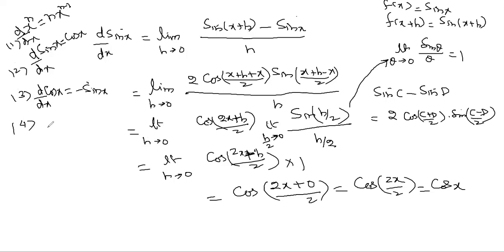Like this, all trigonometrical ratios have formulas. d by dx of tan x is equal to sec square x. d by dx of sec x is sec x tan x. I will send you one list of formulas.